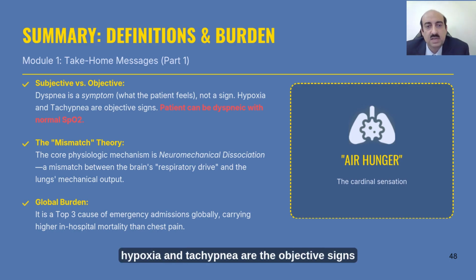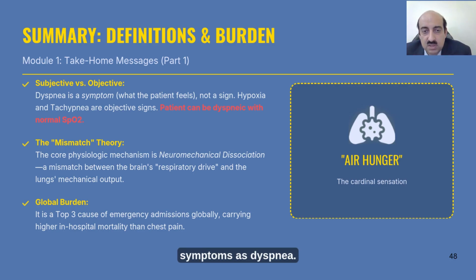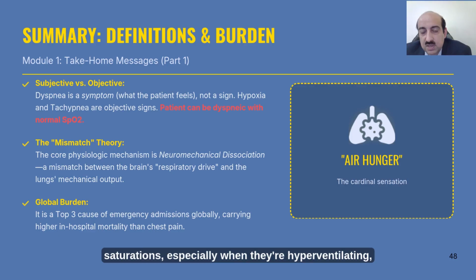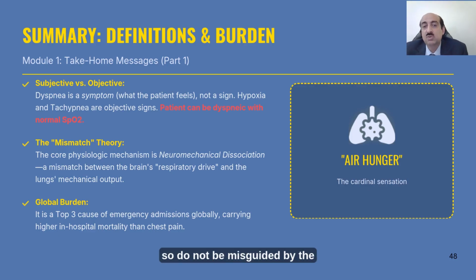However, hypoxia and tachypnea are the objective signs which you assess in patients who present with the symptom of dyspnea. Again, in acute dyspnea, the patient may have normal respiratory saturations, especially when they're hyperventilating. So do not be misguided by the peripheral saturations, which can be normal.